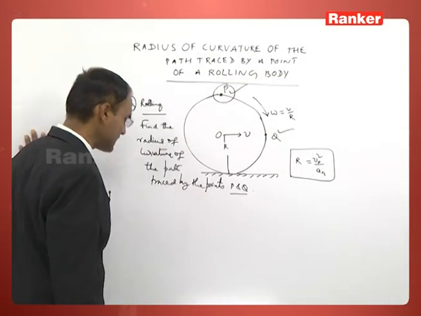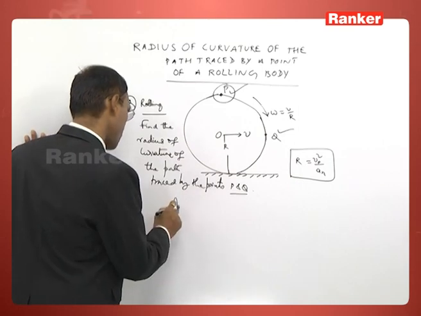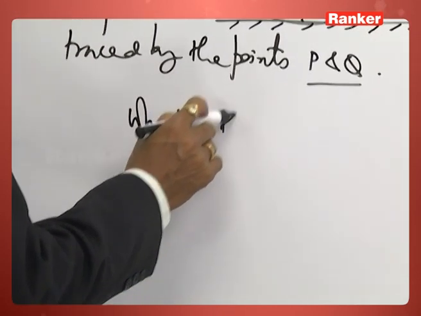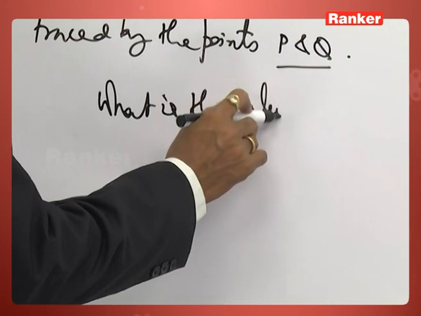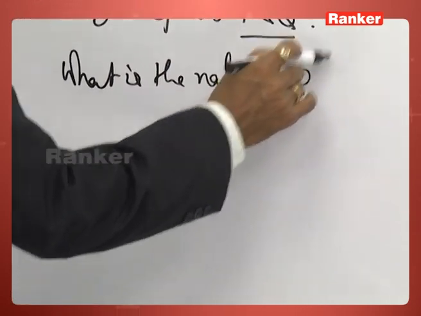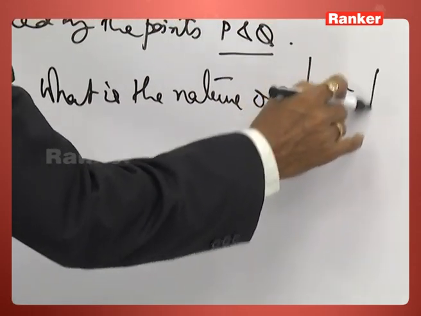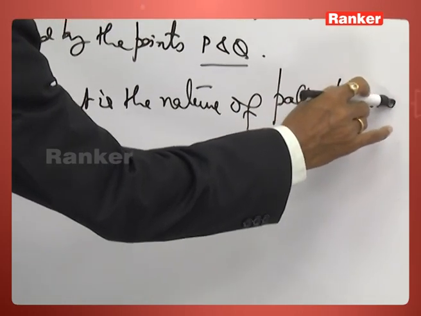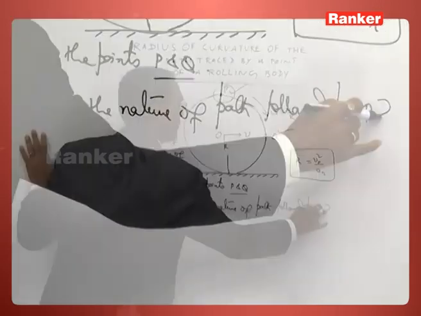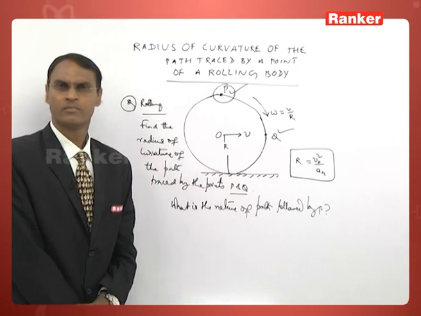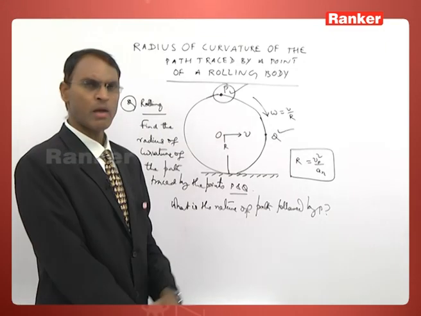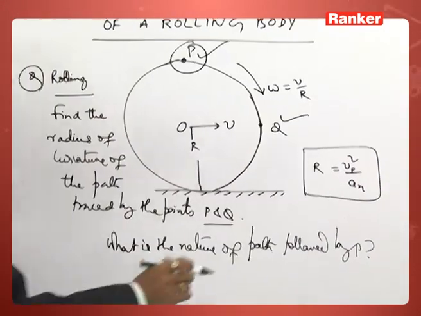Now the question arises, what is the nature of path followed by P? Is it a circle?